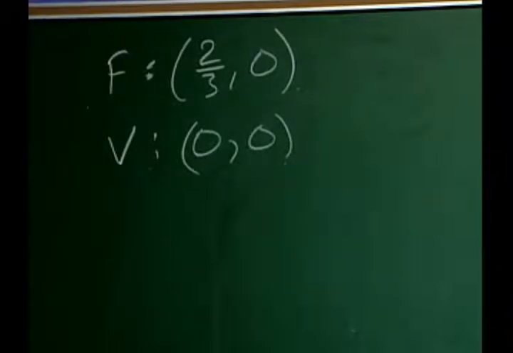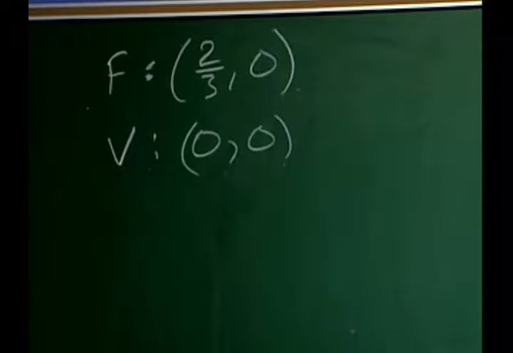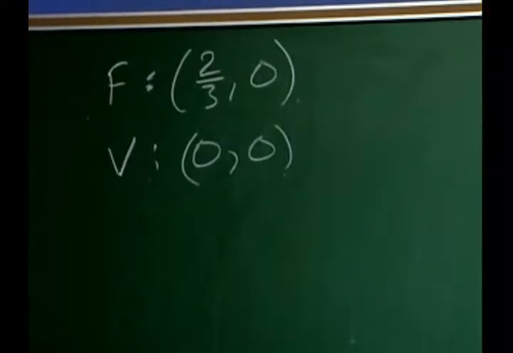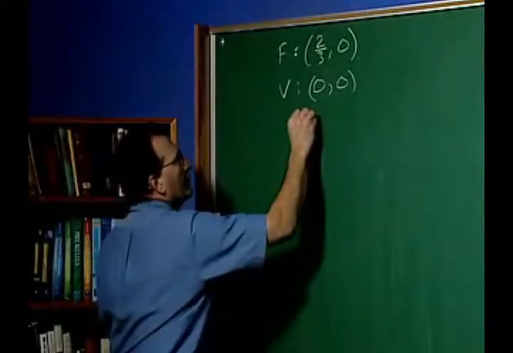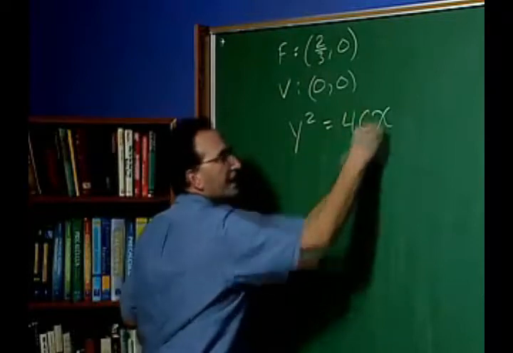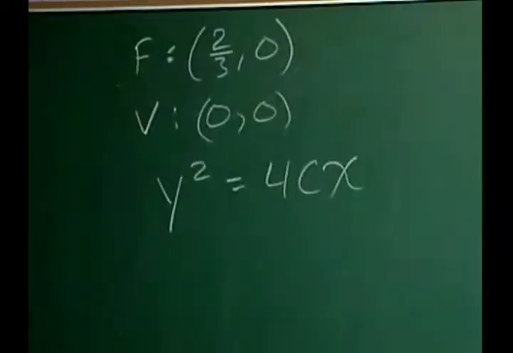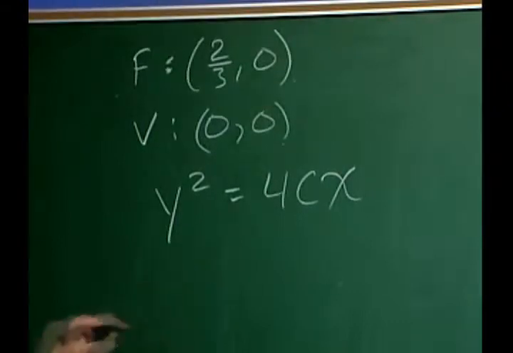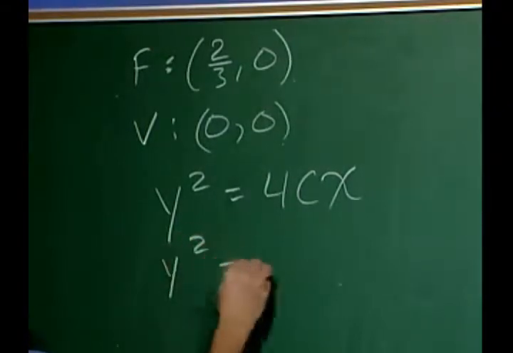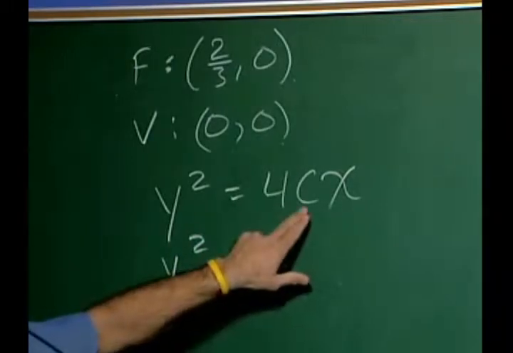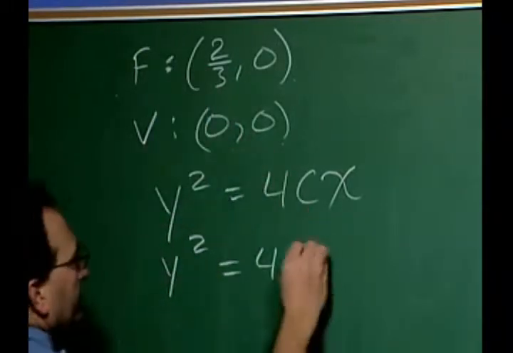And what we want to do now is find the equation, so what we know is that it has to take the form y squared is equal to 4cx. And what we know is that y squared is equal to 4 times, well, c is equal to 2/3.